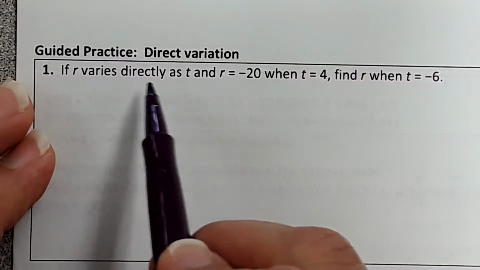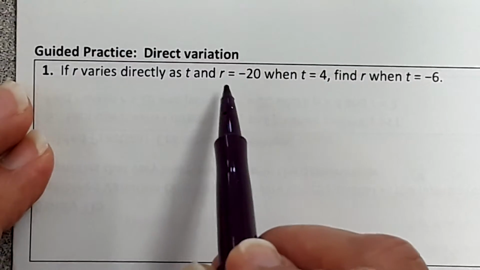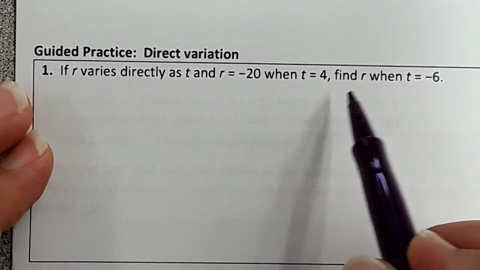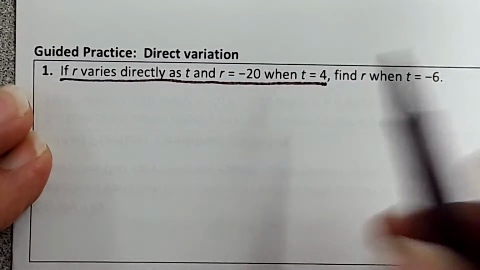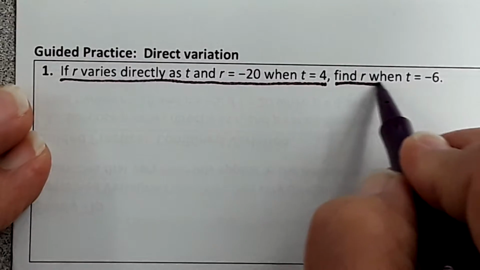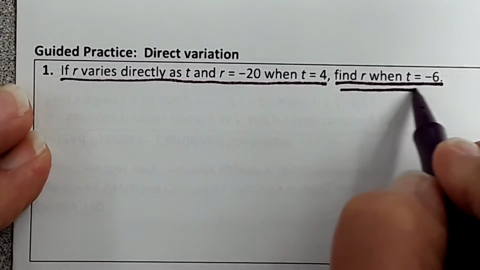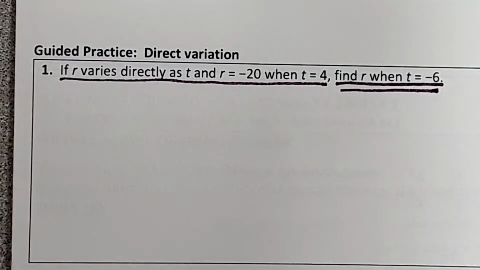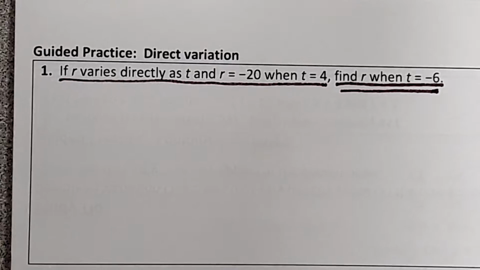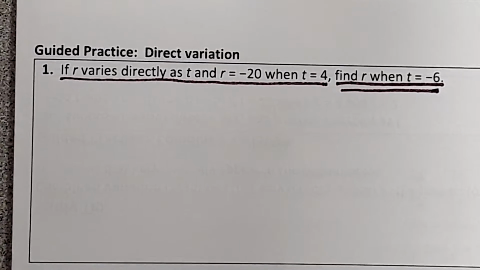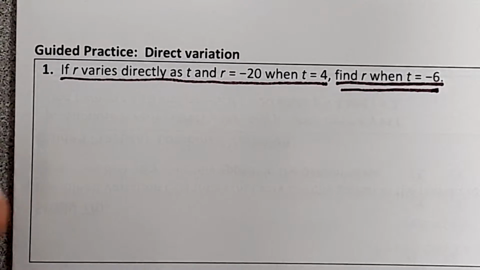If r varies directly as t and r equals negative 20 when t equals 4, that's the first part. Your second part is find r when t equals negative 6. They're going to give you an if part, and then a find part. The if part is the first part that you have to find.